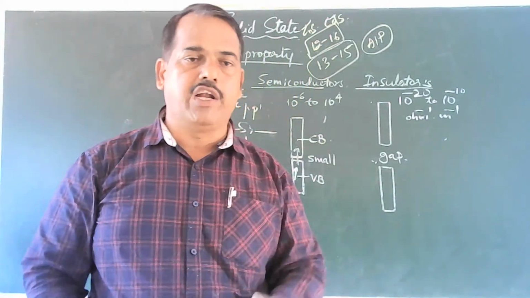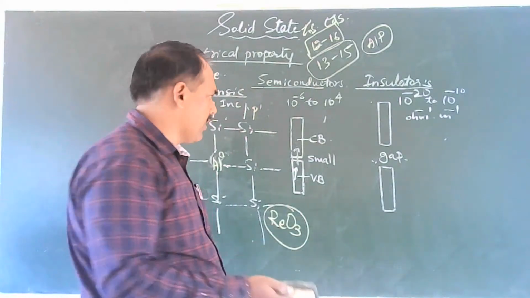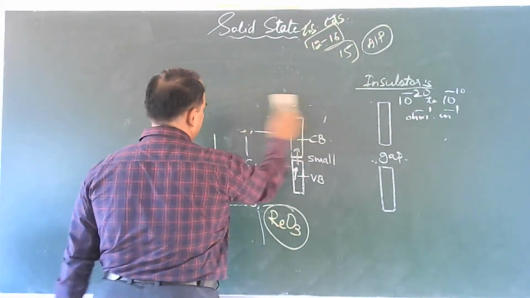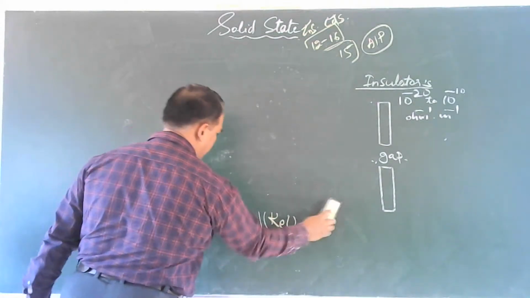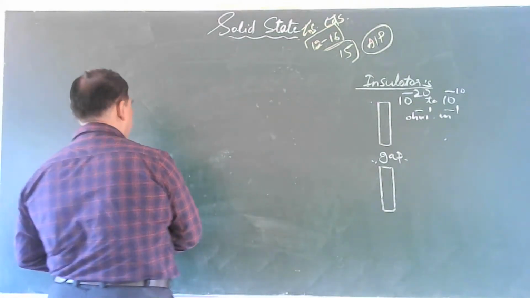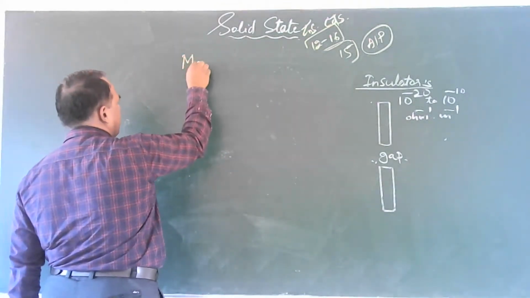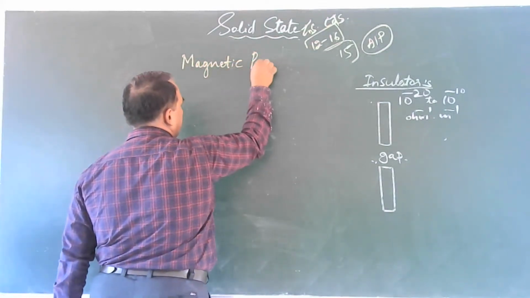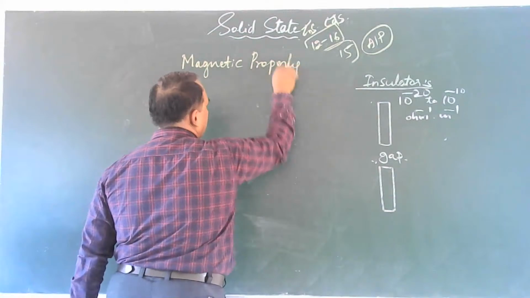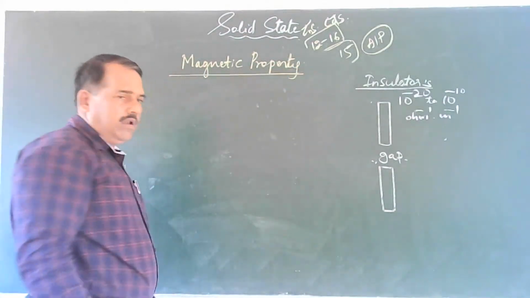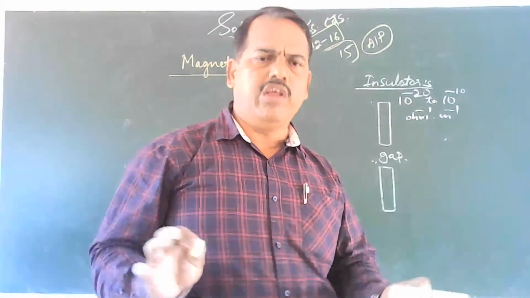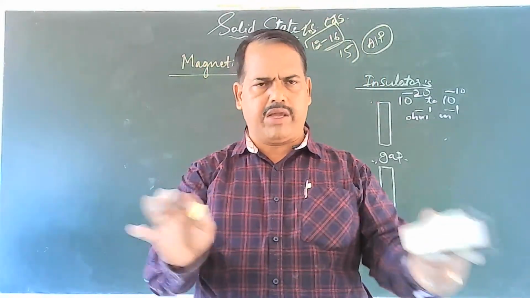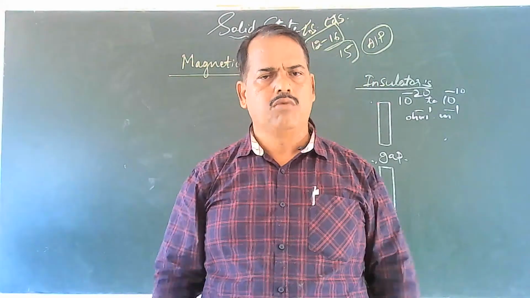Okay, last we shall study magnetic property. Within 5 minutes we can complete the magnetic property of solid state. In magnetic property, you consider any substance, it has a certain magnetic moment.